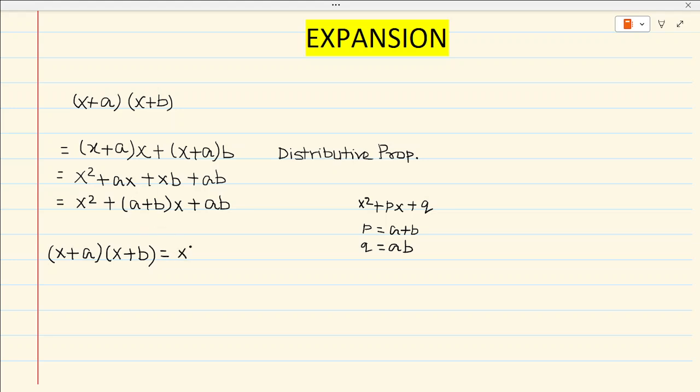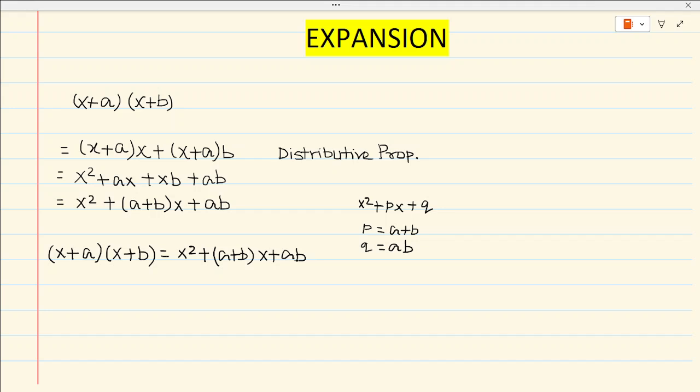Traditional means the long way of multiplication. Just adopt the system: sum of the terms a plus b multiplied by x, and product of a and b, correct?